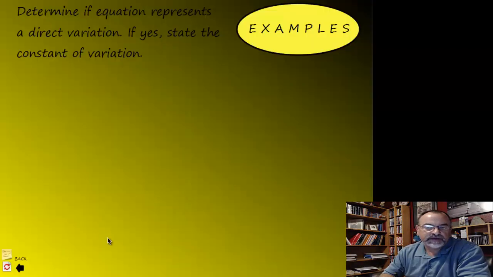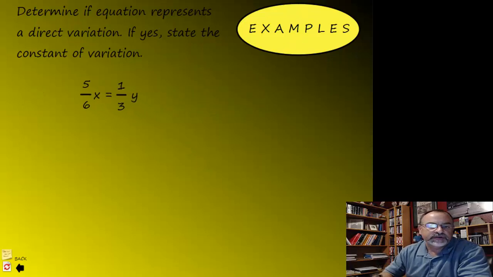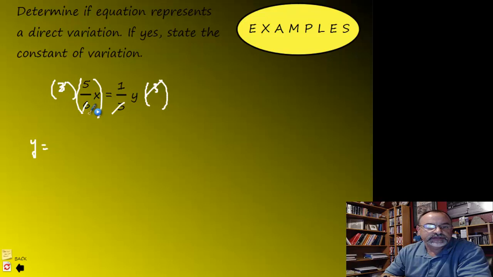So it's simply a matter of doing some algebraic manipulation and then determining if we have a b value other than 0. So we're going to solve this for y. I'm going to multiply both sides by 3, because that's going to make that reduce, leaving this as y, and that's going to make this over 2.